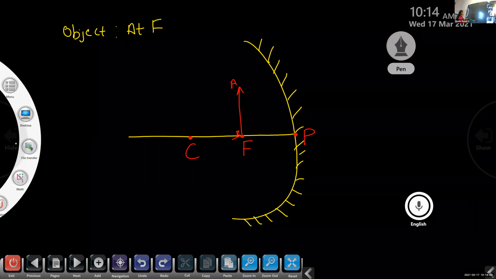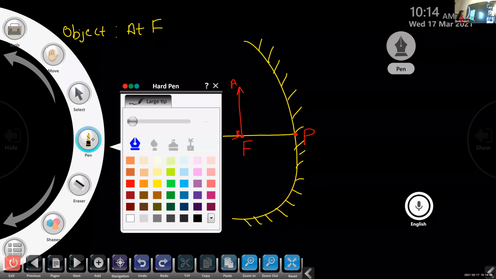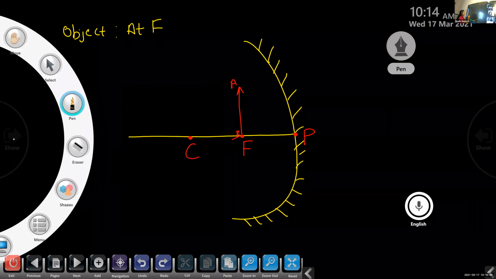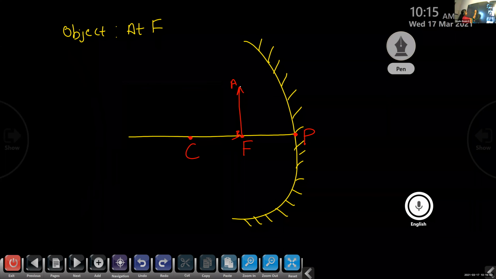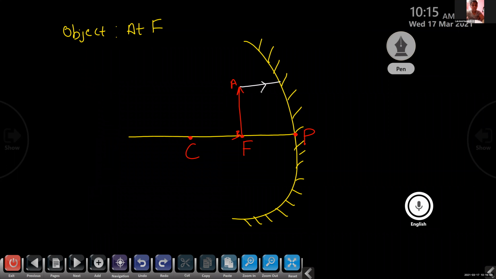Now we want two rays in order to complete this ray diagram. The first ray comes parallel to the principal axis. After the reflection, what happens to that ray?